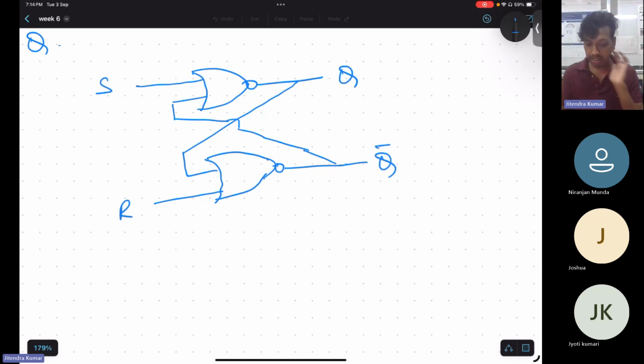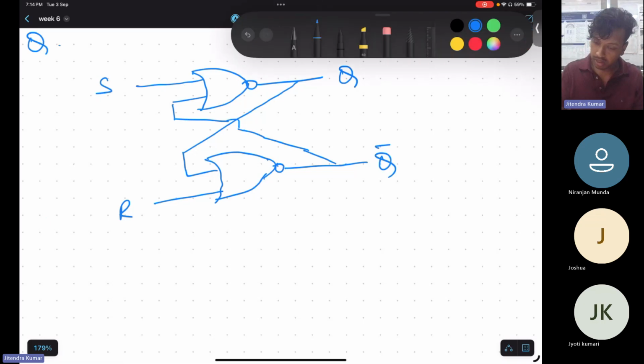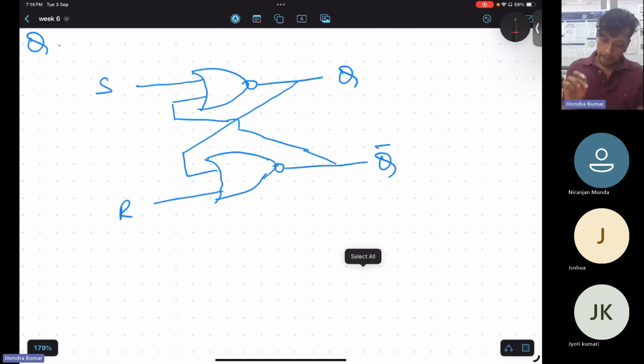Okay, just listen carefully. S is also 0, R is also 0, okay. Here Q is coming here, this Q is coming here. Q will be here.